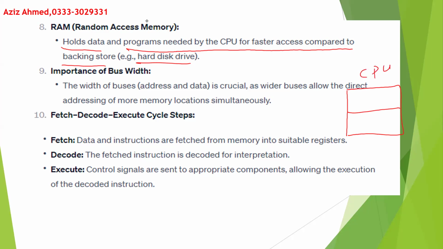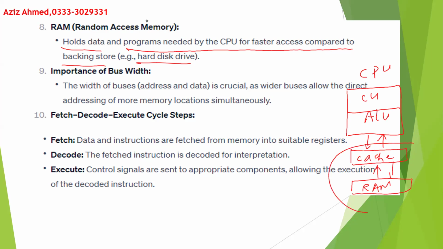This is the CPU. This is the CU, and this is the ALU. This processor is connected with one kind of memory that is called cache. Did I tell you before? And second is RAM. The RAM is connected with cache.